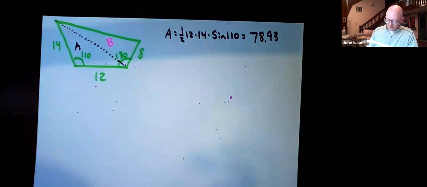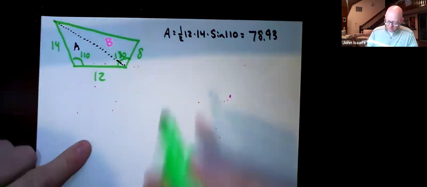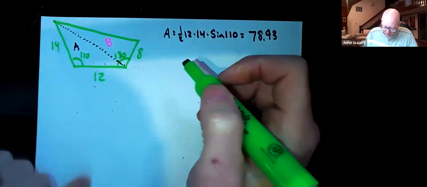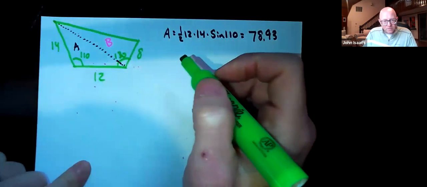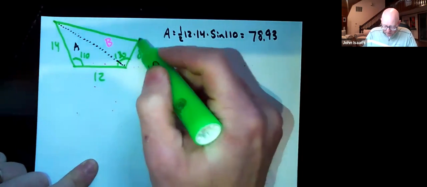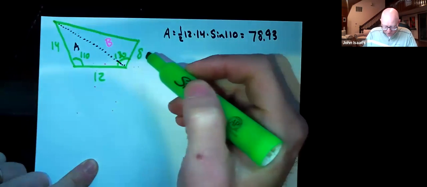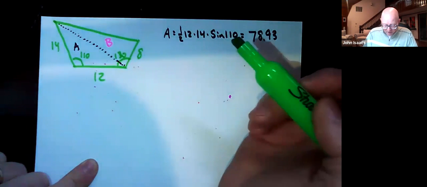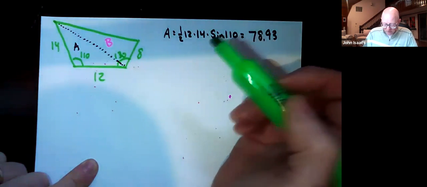Okay. Now, for triangle B, we have some problems here because triangle B, we don't know much about right now. We have this 130 angle, but that's not actually in triangle B. We have this side 8 that is in triangle B, and we have nothing else. So we need a side and we need an angle.